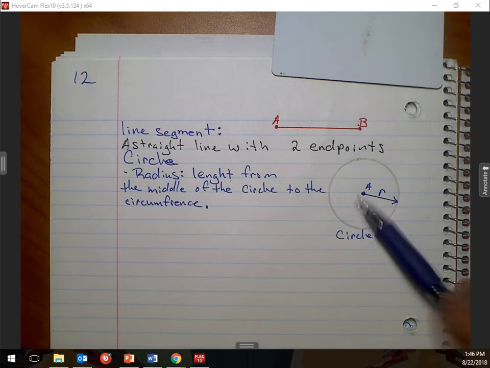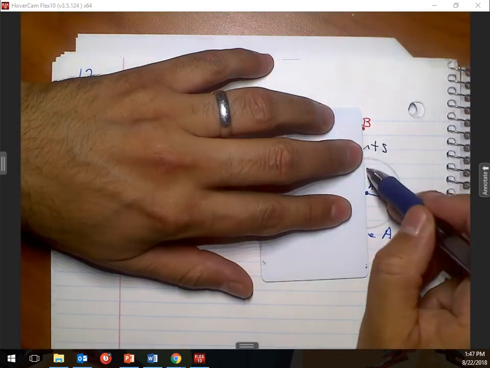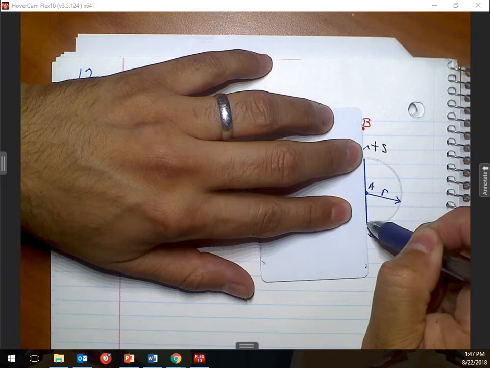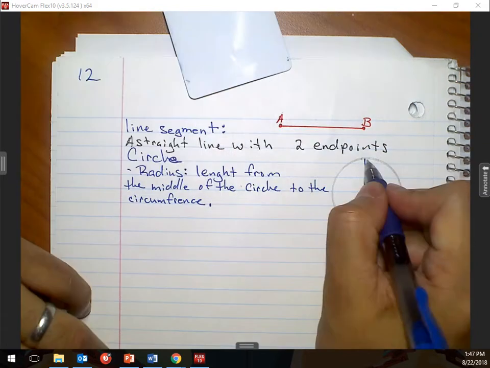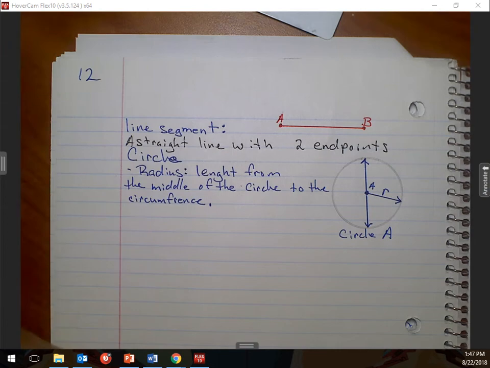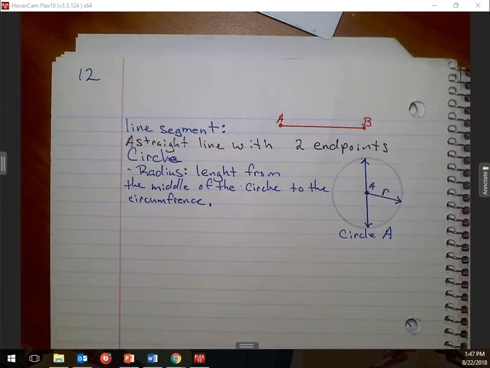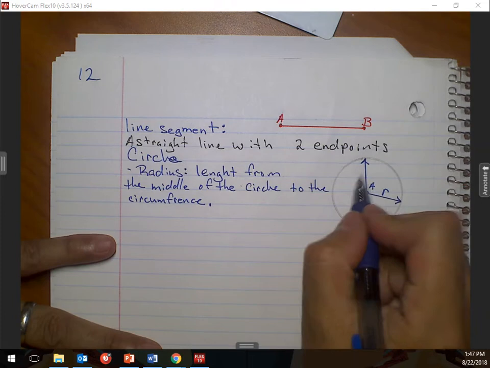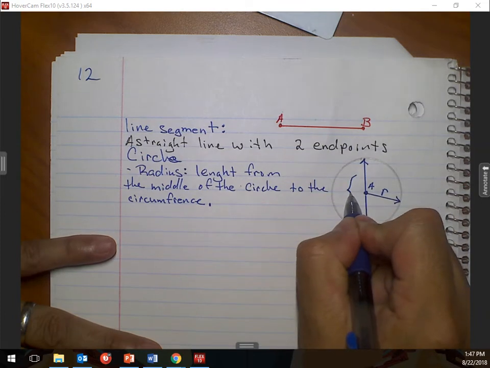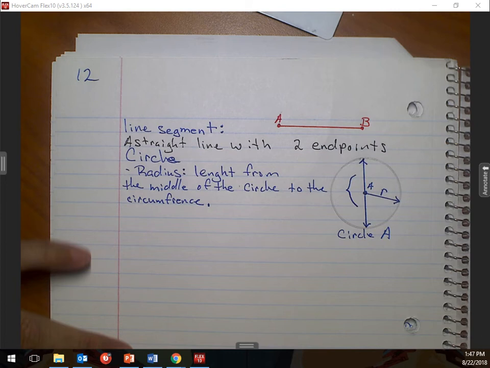All right, going along with the circle, here's the next part. There we go. A line going through the circle, all the way through. What do you think that thing right there is called? It is intersecting with that. Diameter. Very good. That is my diameter.